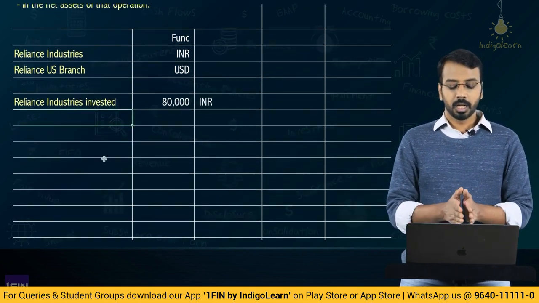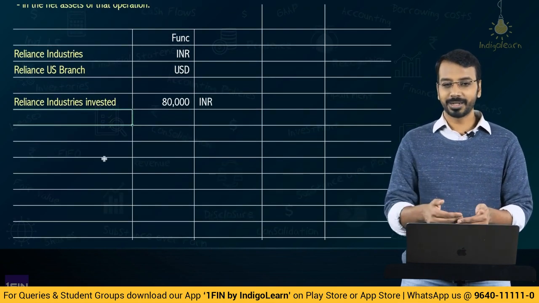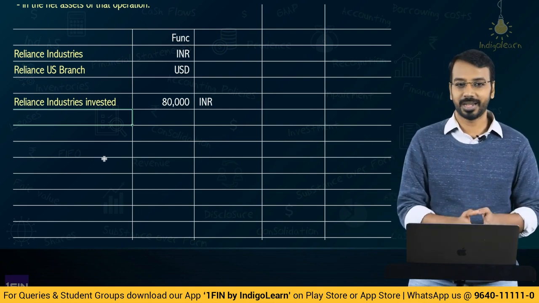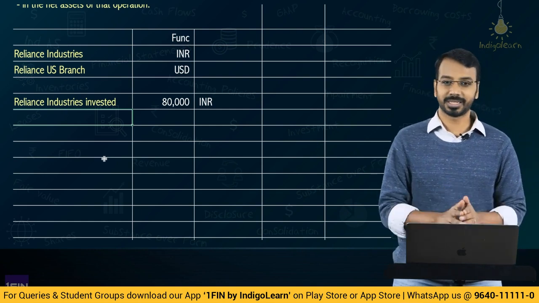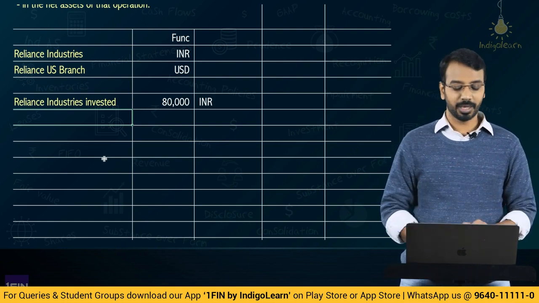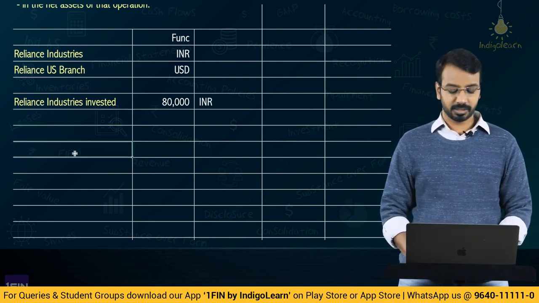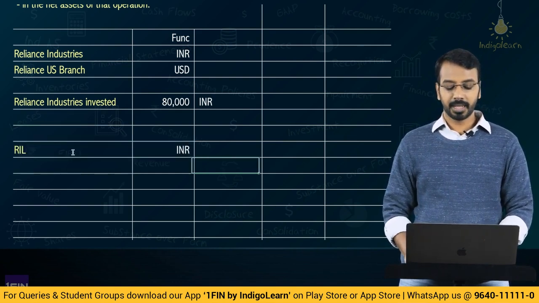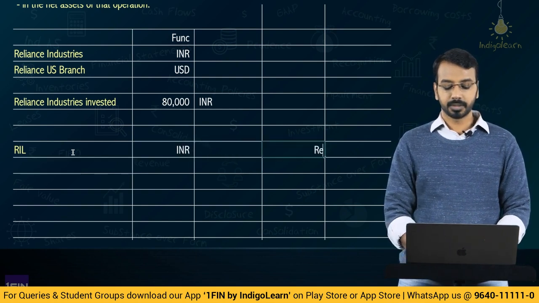Now what we will do is prepare the balance sheet, or see the presentation in the balance sheet, in both Reliance Industries' financial statements and the branch financial statements, and see what happens after 1 year. In the Reliance Industries financial statements, I will say RIL here, the functional currency is INR, and here you have Reliance US, functional currency is USD.